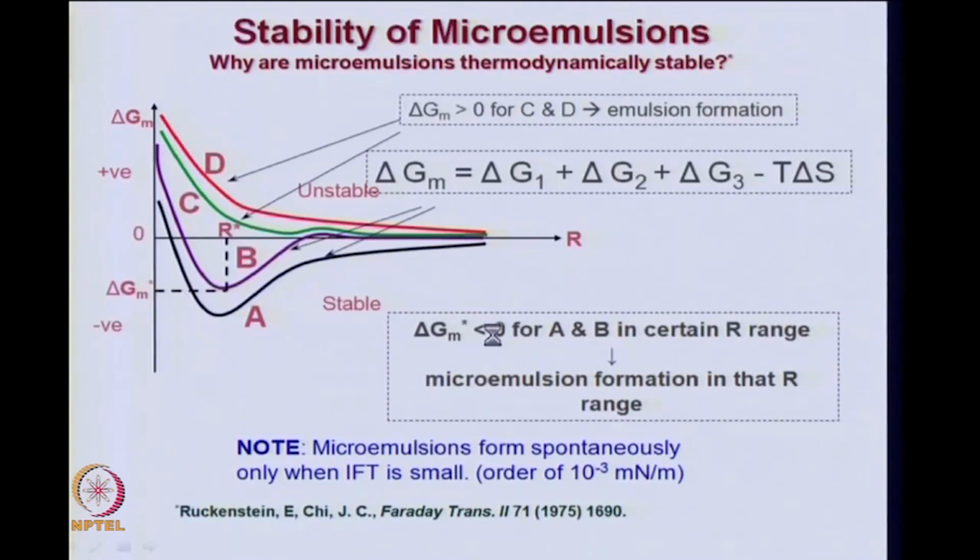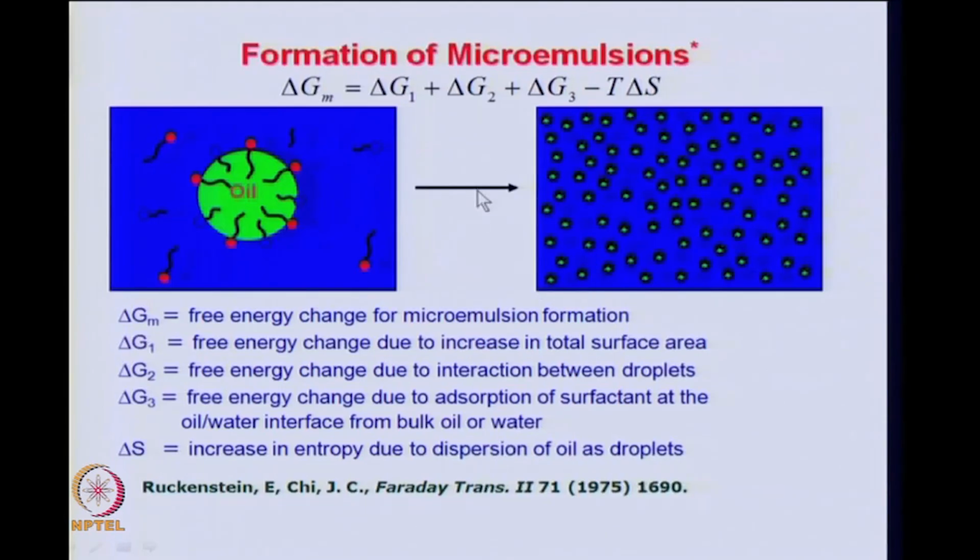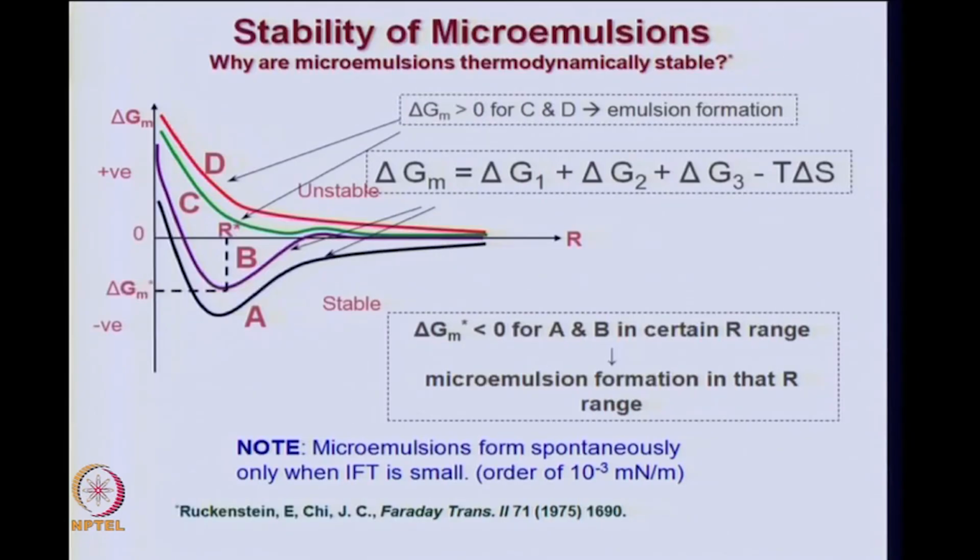So, the increase in entropy is because you are disturbing the order of water, and this enhanced disorder leads to an increase in the entropy, and that will bring about a term which is minus T delta S, where delta S relates to the increase in entropy due to the formation of the droplets, which breaks the order and creates disorder in the water medium.